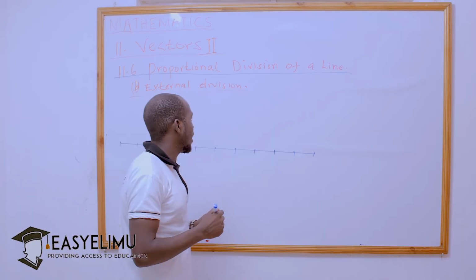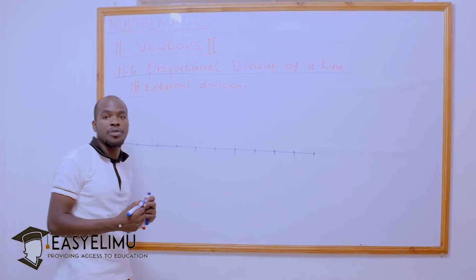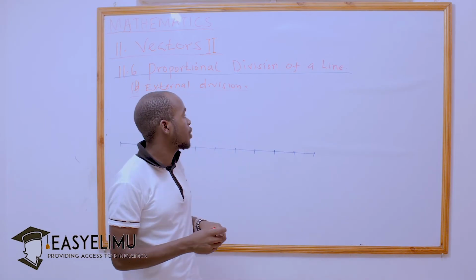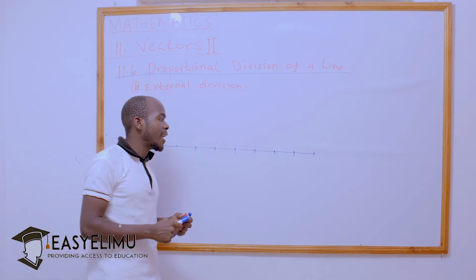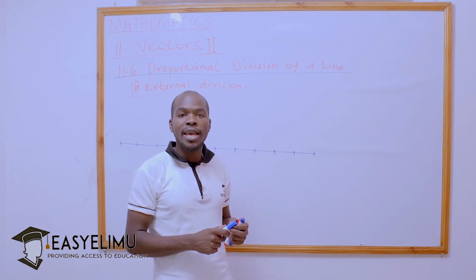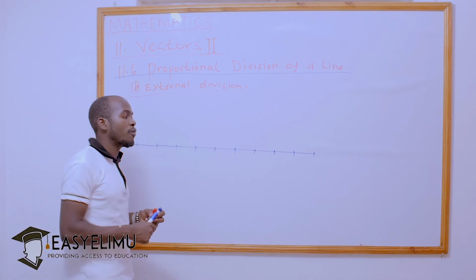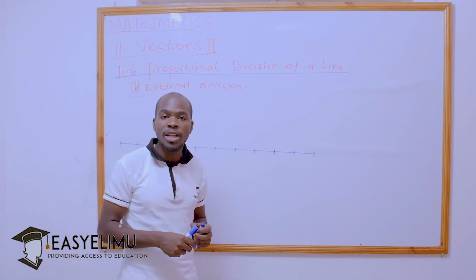Now let's consider an external division of a line, and here we have a line similar to that of internal division which I have drawn. We shall use it to determine external division of given points on this line. Under external division, you will find that you have 2 points on the line, with one lying outside of the given scale of interval, but the interval of division between the 2 or 3 points is actually the same.